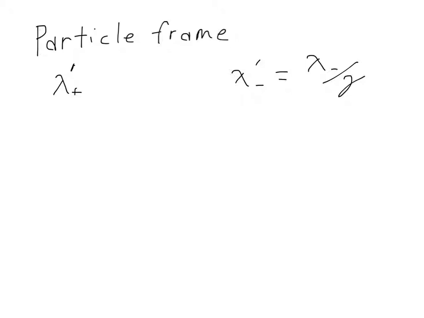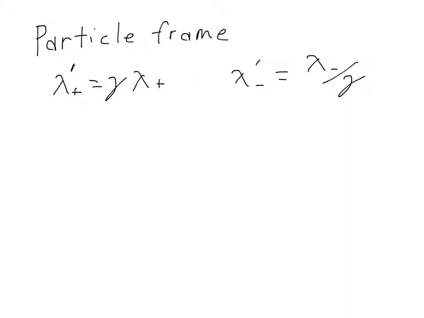So in fact, it's going to have the opposite effect. It's going to be gamma times the original linear charge density. So this means that the negatively charged wire is going to appear to be more densely packed with negative charges, and the positively charged wire is going to appear to be less packed with positive charges, all because of our transformation of reference frame.